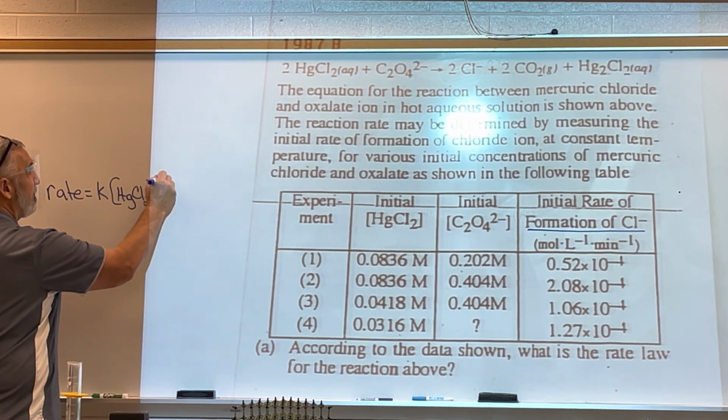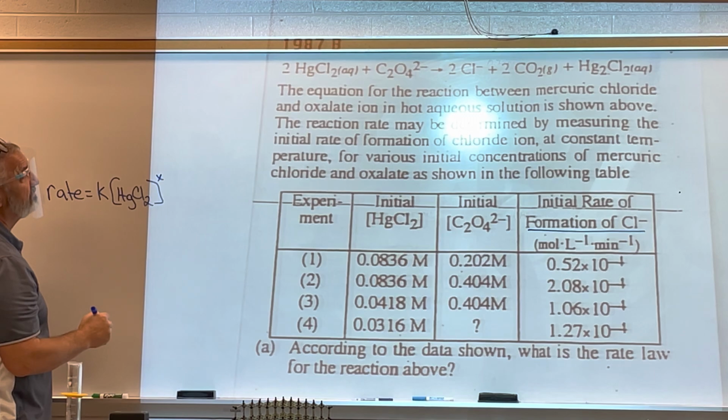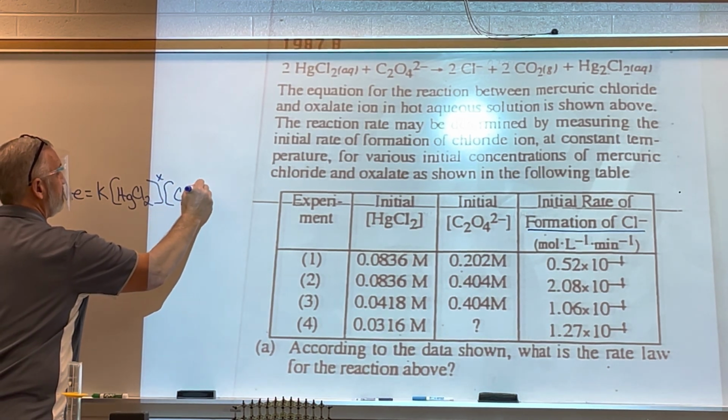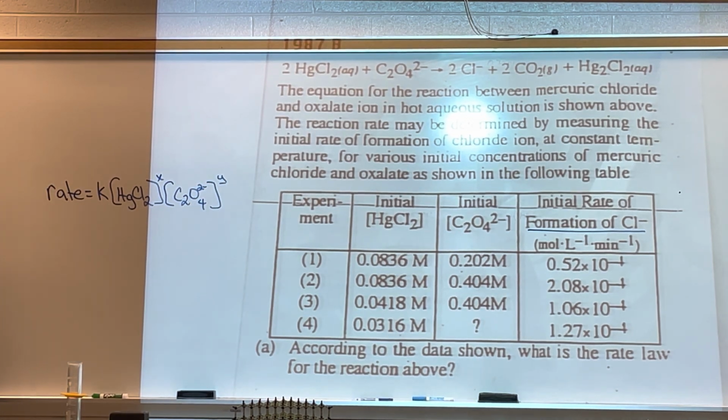Now I don't know what the power is. The coefficient's not my power. Times the concentration of C2O4 2-, raised to some power y. That is not my answer to what is the rate law. I have to know what x and y are.